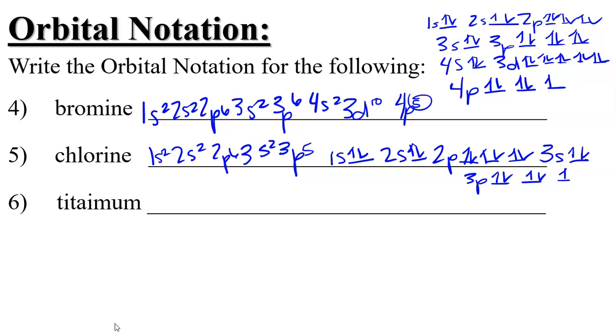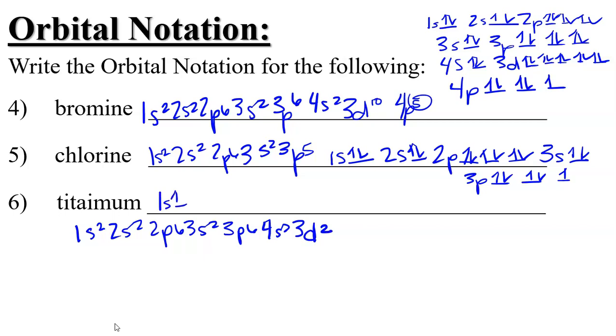We have titanium. It's going to be 1s2, 2s2, 2p6, 3s2, 3p6, 4s2, 3d2. We follow along the energy levels and fill them up. 2p. Remember, p has 3 energy levels.